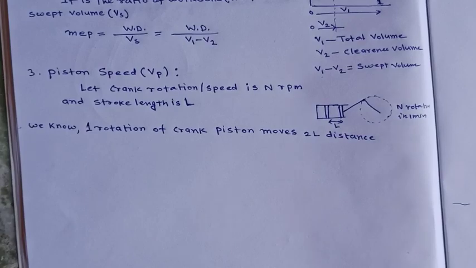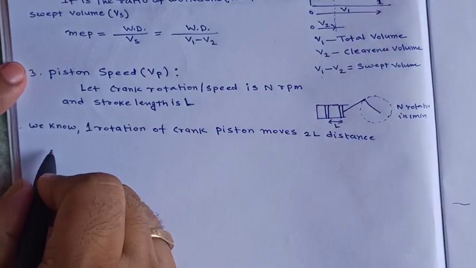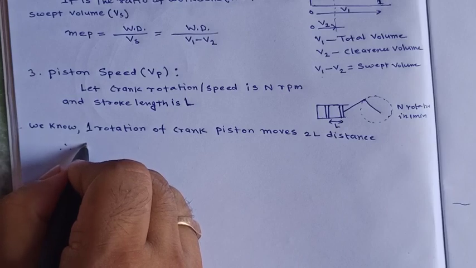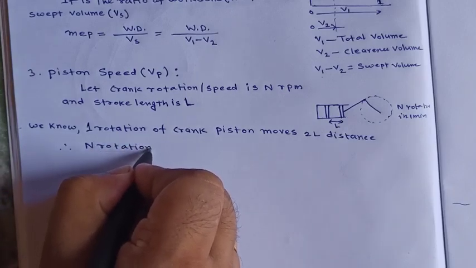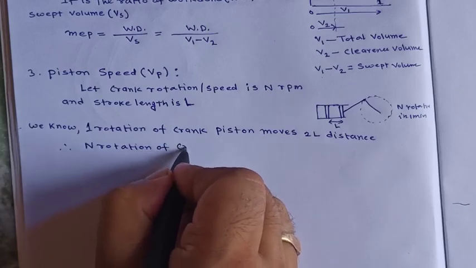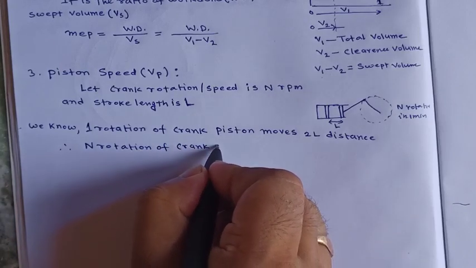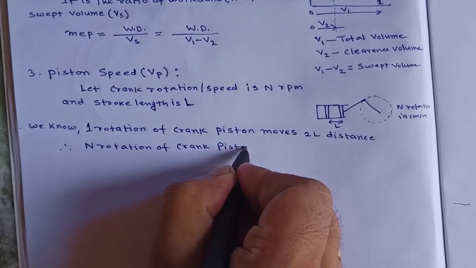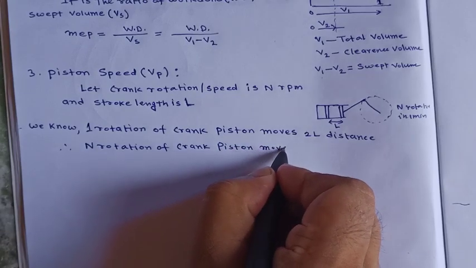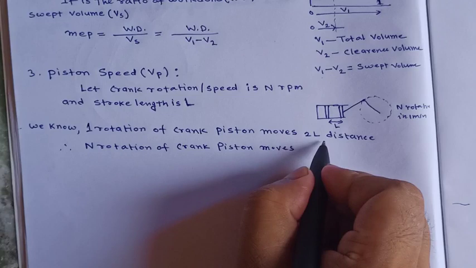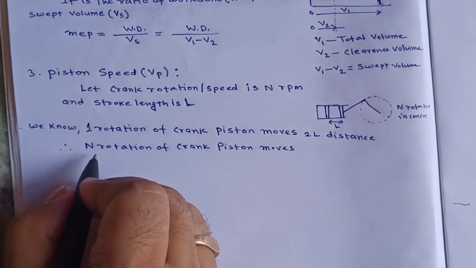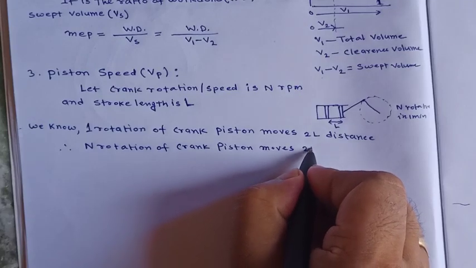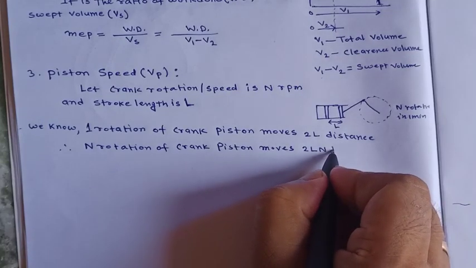Now I can write, therefore n rotation of crank, piston moves 2Ln distance, that is one rotation 2L, n rotation is 2Ln distance.